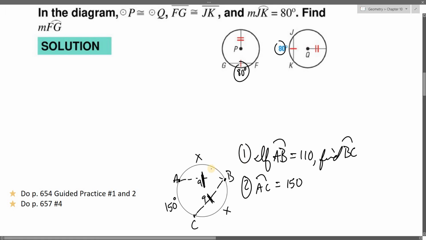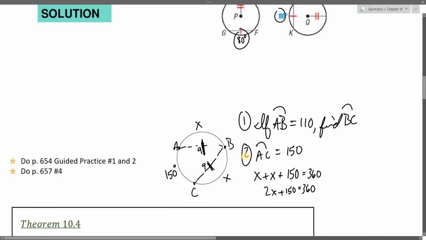And so I can set up an equation to find my value. So I can say x, which is my top arc here, plus another x, plus the third one, 150, is going to give me a total of 360. So that's going to give me 2x plus 150 equals 360. And so that's going to give me 2x equals 210.